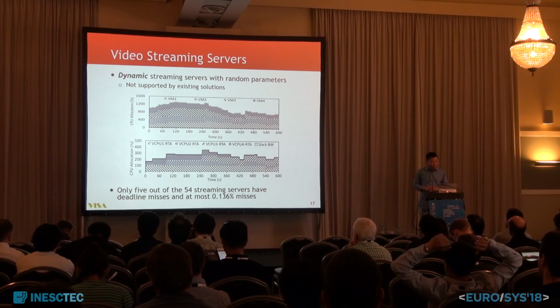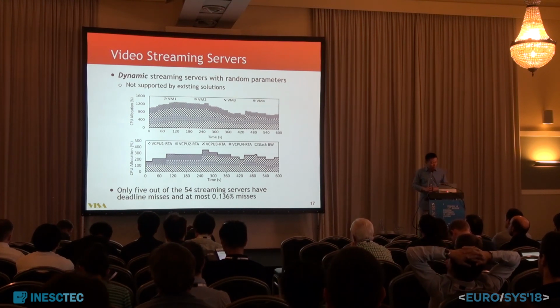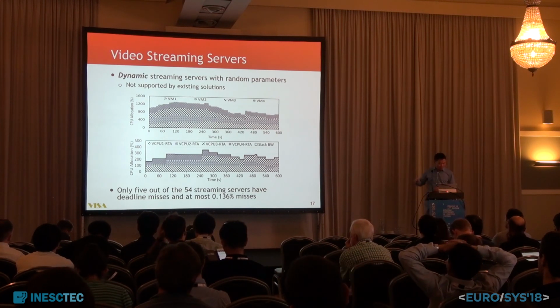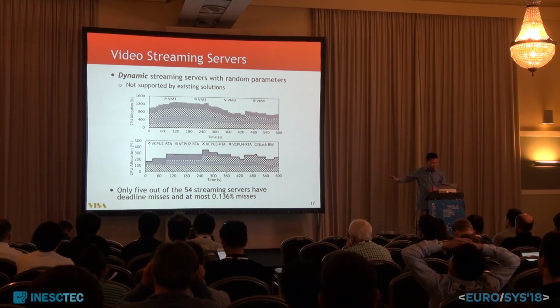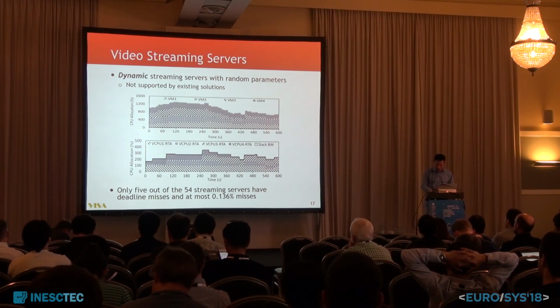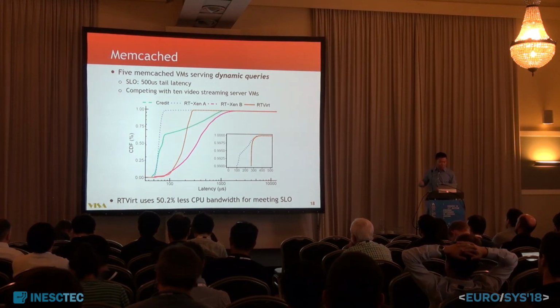This kind of scenario cannot be supported by Artisan or other existing works, but we can support it really well. Out of all the 54 streaming servers, only 5 of them had deadline misses, and at most 0.1% misses.